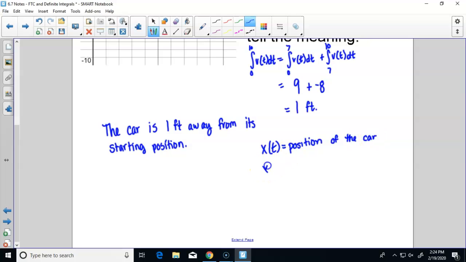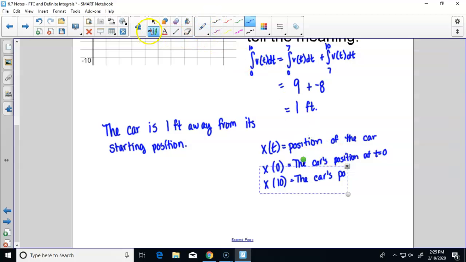That means, like, if I have x of 0, that would be the car's position at t equals 0. If I had x of 10, that would be the car's position at t equals 10.